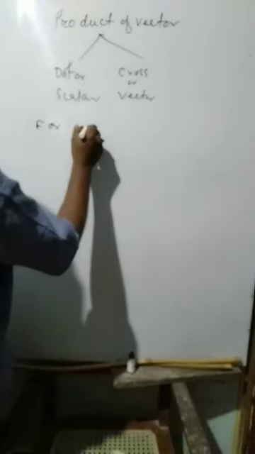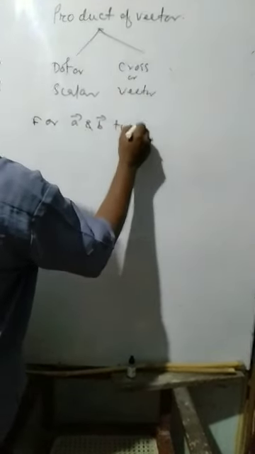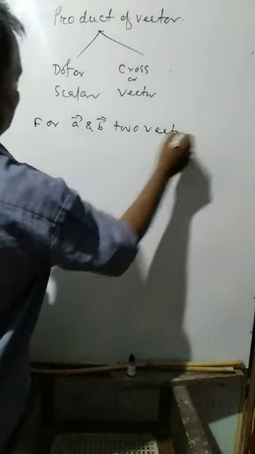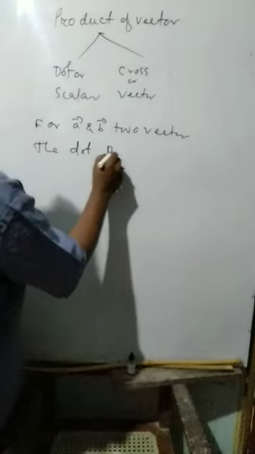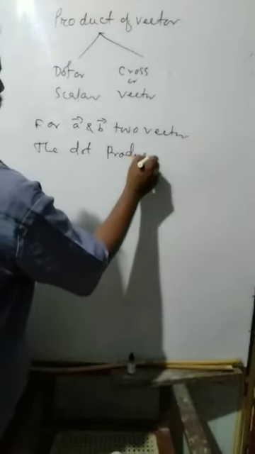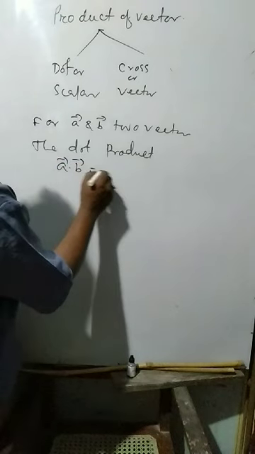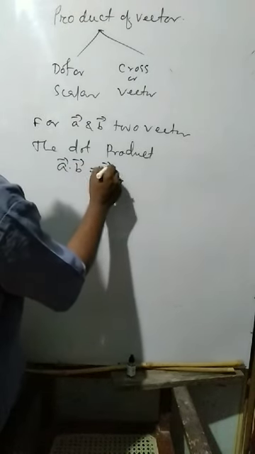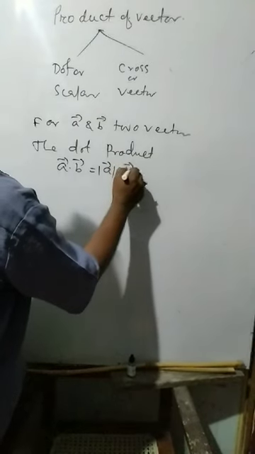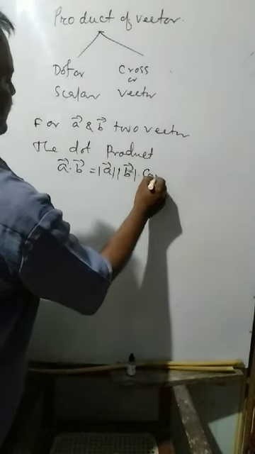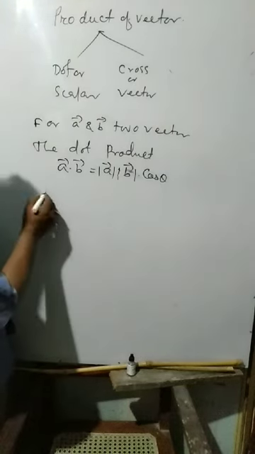For A and B two vectors, the dot product A dot B can be represented by A magnitude into B magnitude into cos theta. What is theta? Theta means the angle between the two vectors.